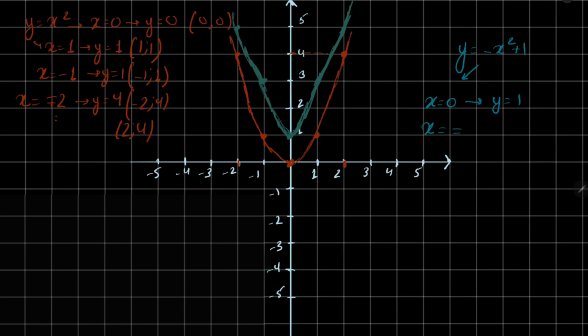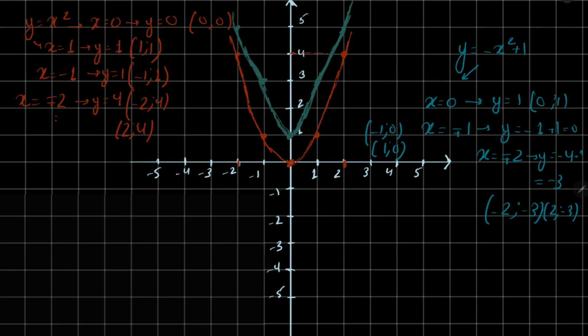For x being minus or plus 1, y will be equal to minus 1 plus 1 equal to 0. For x equal to minus or plus 2, y will be equal to minus 4 plus 1 equal to minus 3. These are the coordinates of the points on the graph: 0, 1, minus 1, 0, and 1, 0, and finally minus 2, minus 3, 2, minus 3.